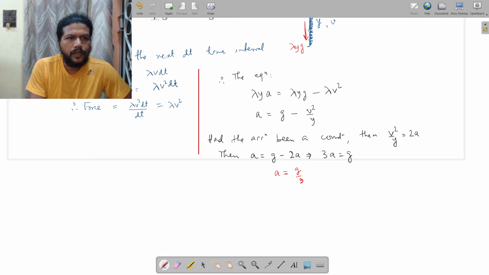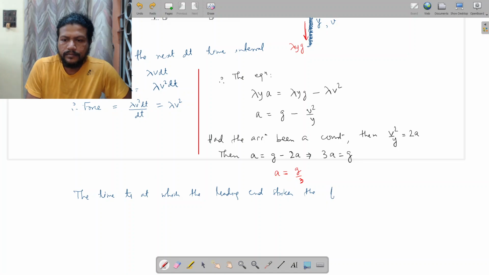So the time t1 at which the leading end strikes the floor is obtained by the equation half a t1 square equal to L, giving us t1 equal to root of twice L by a, which turns out to be root of 6L by g.